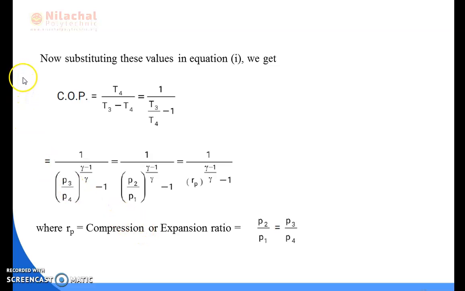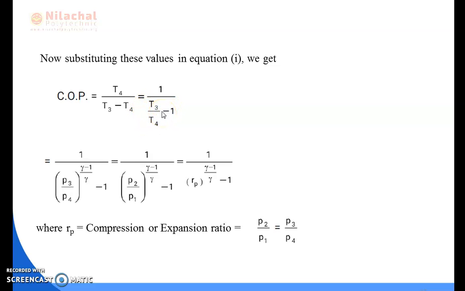So now you substitute this value in equation 1. What will you get? T4/(T3 - T4) equals 1/(T3/T4 - 1).